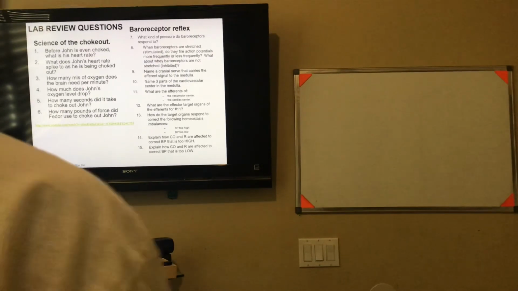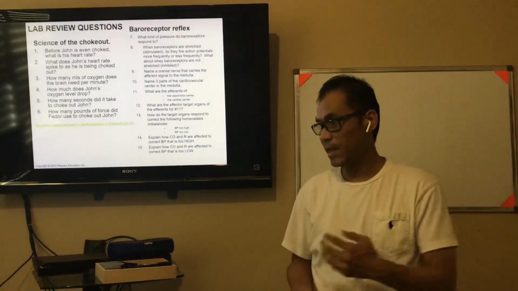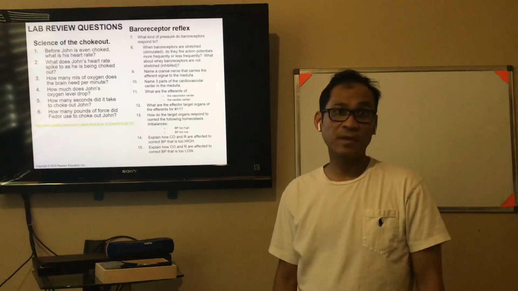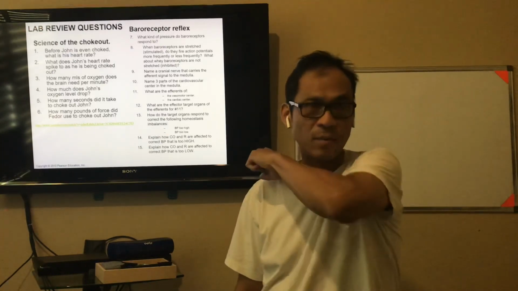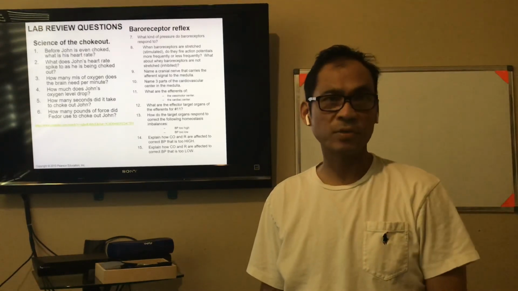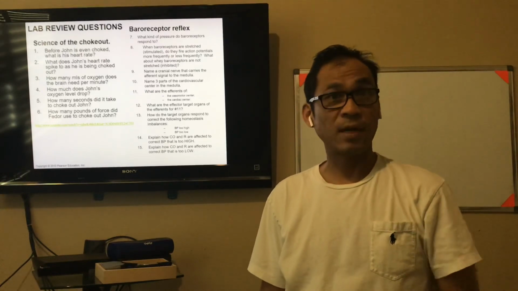All right, so there are some review questions for the science of the chokeout. I like to watch it with students. Obviously, we can't do that in the lab, but yeah, they did it pretty safely, and it kind of simulates blood loss: by choking someone out, you're compressing the carotid artery, hence reducing the transmural pressure. But you're just compressing the artery, and the sympathetic response is the same.